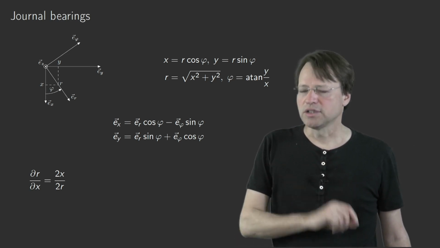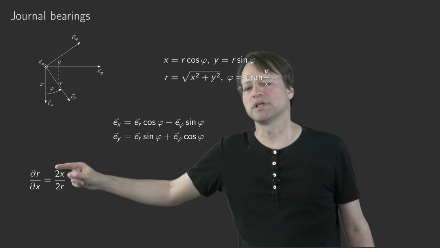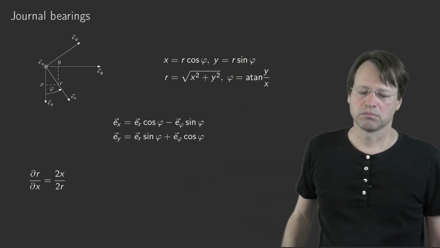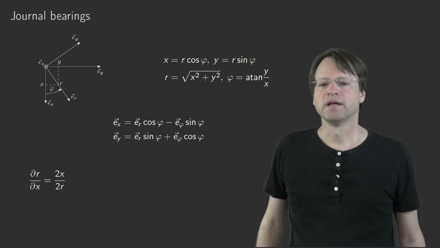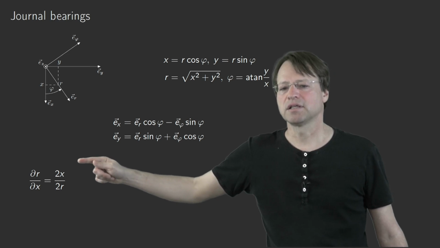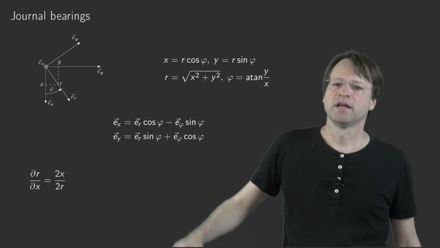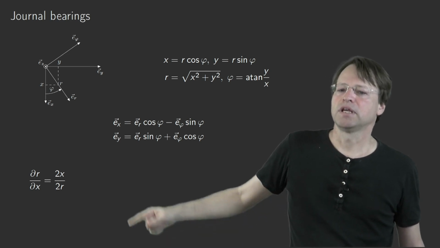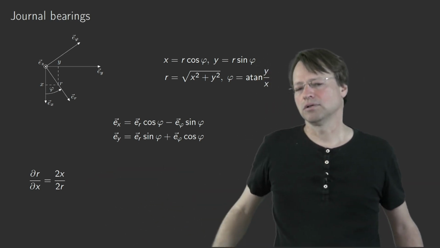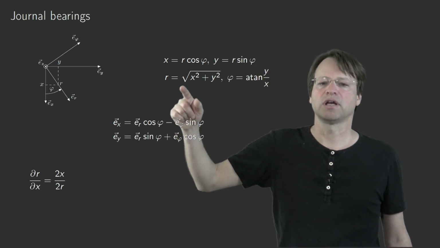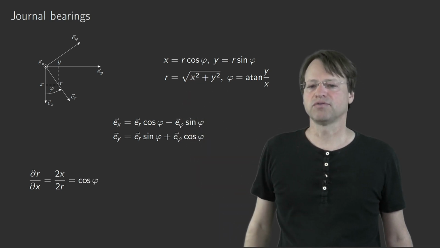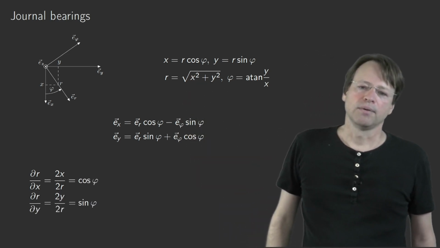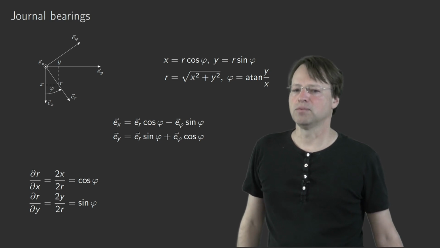But this is not a nice result because we want to express everything in polar coordinates. So we have to replace the Cartesian x here by its polar variables, r cosine phi. Then we can divide by r, and at the very end we just get cosine phi.